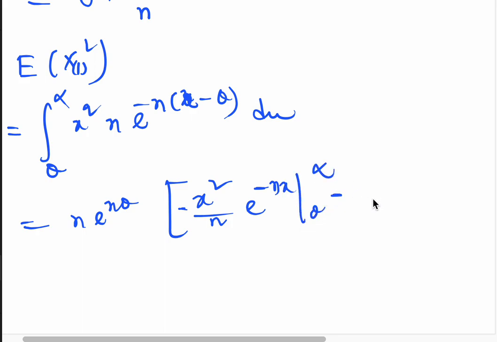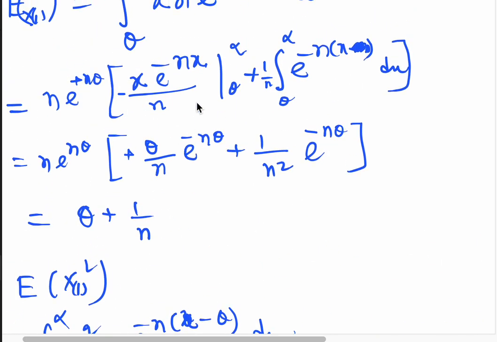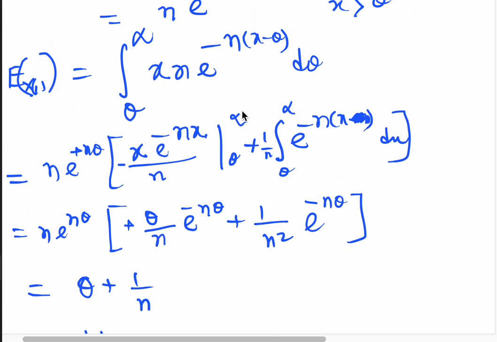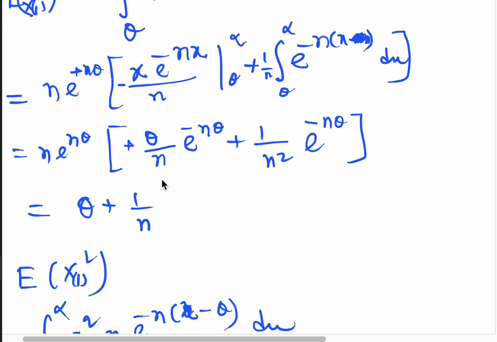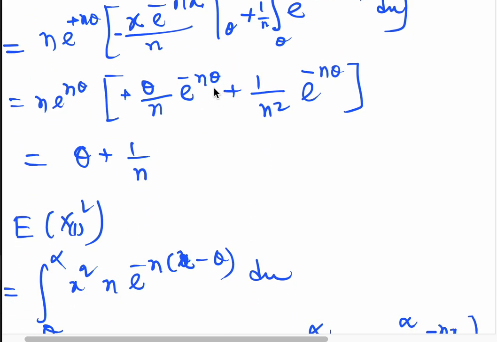Then it will become plus 2 by n times the integral from theta to infinity of x e to the power minus nx dx. And we know the integral of x e to the power minus nx.